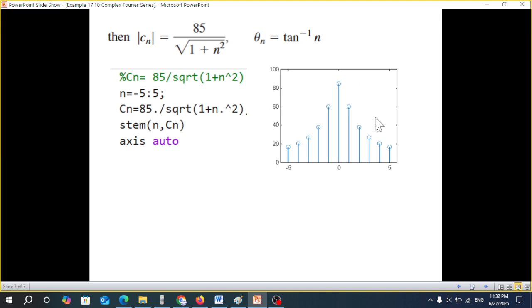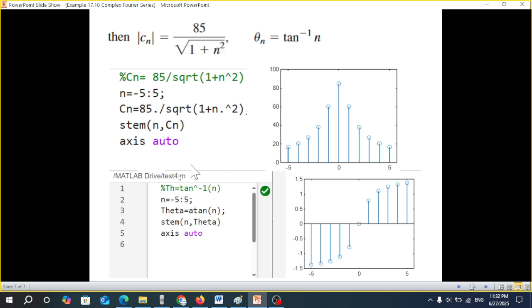And so this type of plot you will get if you try yourself. So this was the magnitude plot. Now let's see the phase. Same way, this is just for the reference. This is the limit. Now a very important point, that for theta you don't write tangent inverse minus 1.